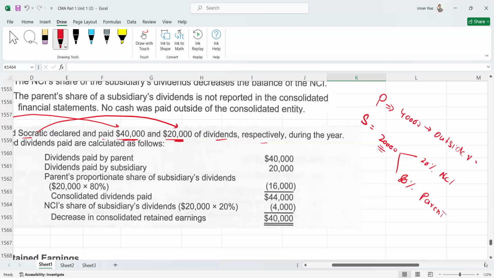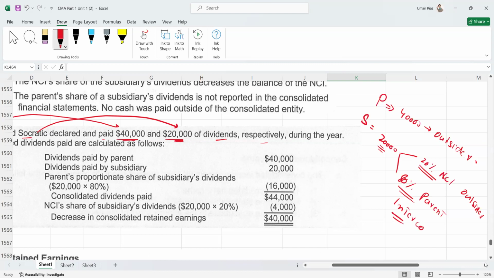It means 20,000 is the total dividend of the subsidiary. Out of that, 20% will be received by NCI, which are outsiders. But the 80% dividend received by the parent is an intercompany dividend, right? And I told you intercompany dividend we will eliminate, we don't show it in the consolidated financial statement.